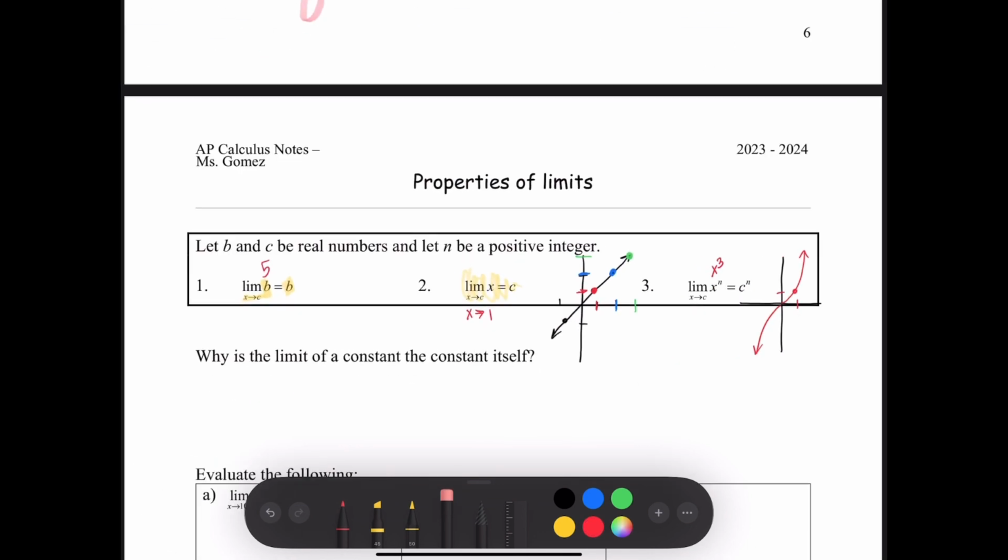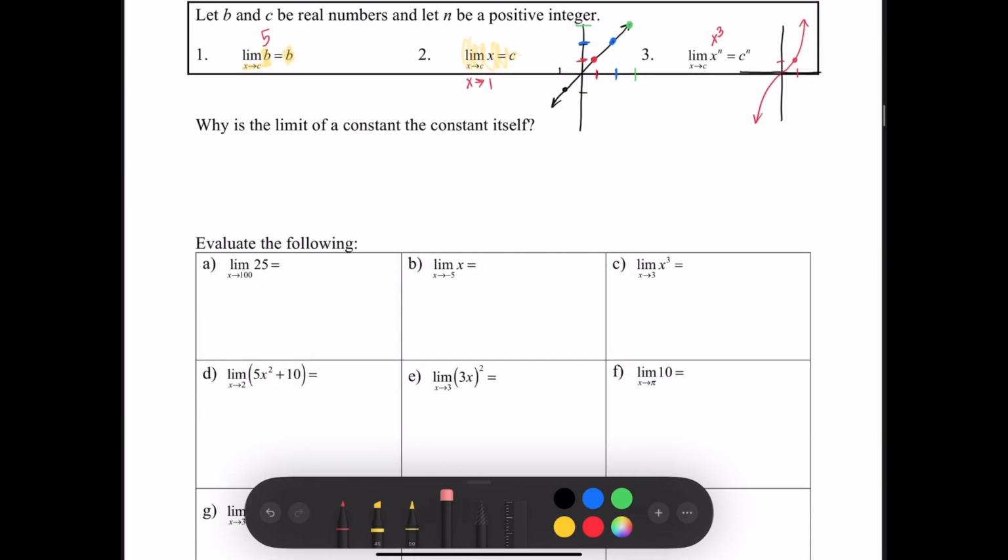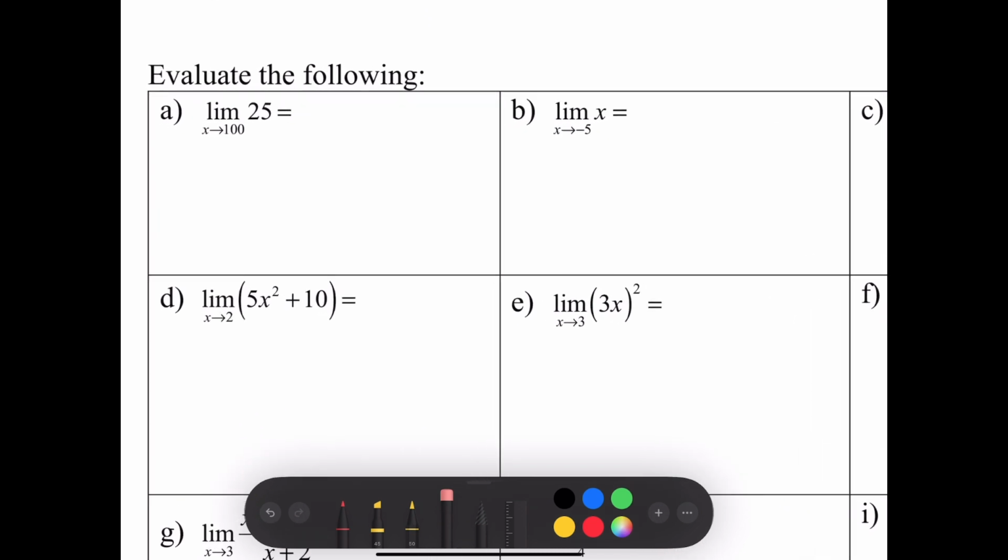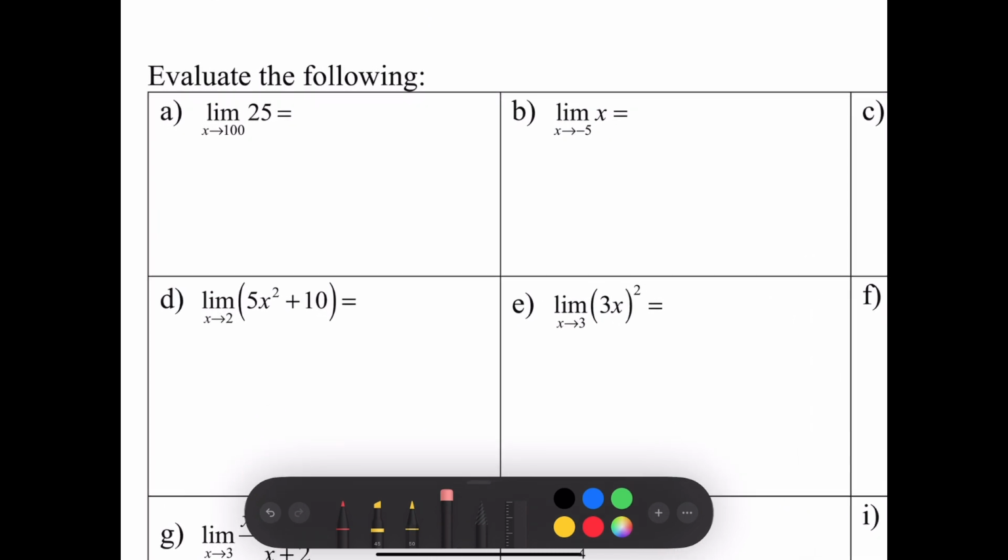Okay, so these are my three properties, and we're going to go ahead and observe what these look like at the following values. So it says evaluate the following. We're going to start with the limit of 25.